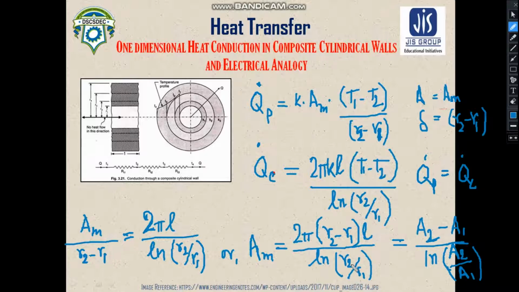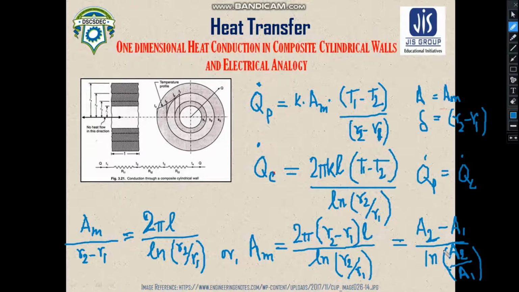Now you must be wondering how this can be written. I think you know that A2 is 2 pi R2 L and A1 is 2 pi R1 L. So simply if you divide these two, you will get R2 by R1. So you can write this also.